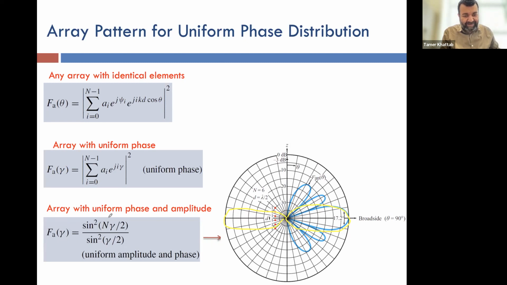So if you have N elements, then it's N or N minus 1, depending whether N is even or odd, right? The number of zeros that you encounter. So basically, introducing more elements means that you will have more zeros and then you will have more side lobes. That's something to keep in mind when you are doing the design of the array.